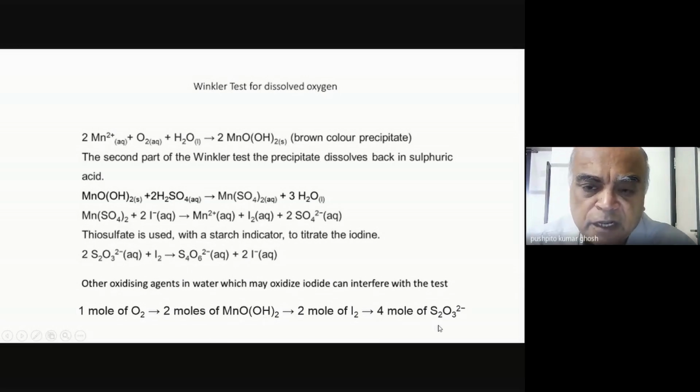So I can get the amount of dissolved oxygen by doing this titration.